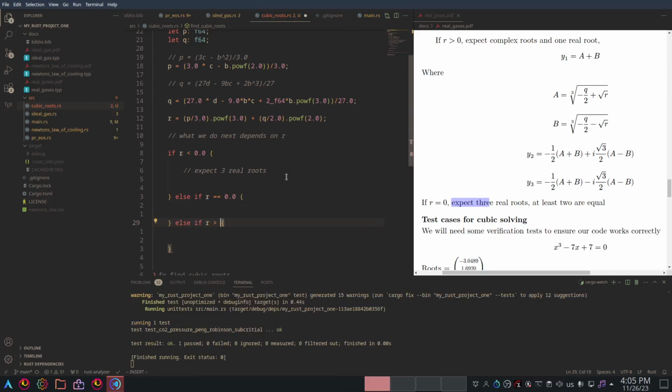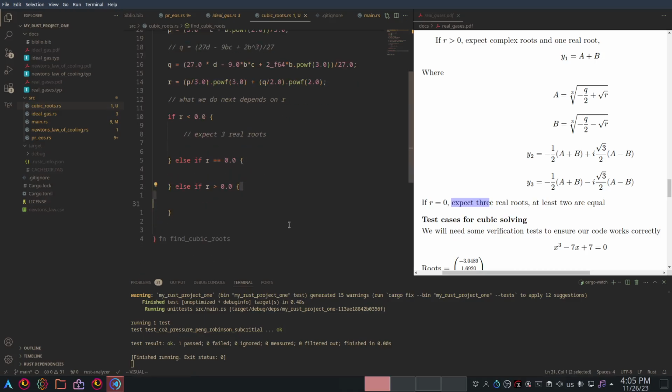Else if r is more than 0.0, you'll execute some bit of code, but this is not necessary. This one covers all the real numbers less than 0. This one covers the case where r is equal to 0. This code block here will cover all the cases that are more than 0.